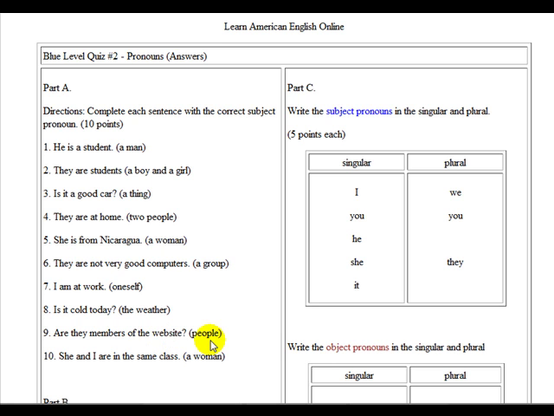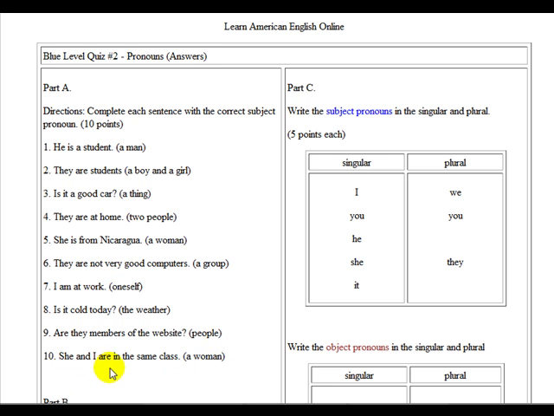And people is a group of people. We're referring to a plural form, people is a plural form, and we're saying, are they members of the website? We're using the plural form, they. Well, okay, we did that.